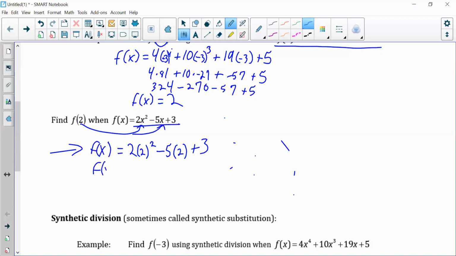First we do parentheses and exponents. So 2 squared is 4. So we're going to say 2 times 4 minus 5 times 2, 10, plus 3. All right, let's finish. 2 times 4 is 8 minus 10 plus 3. And this one we could do in our head without even the aid of a calculator.